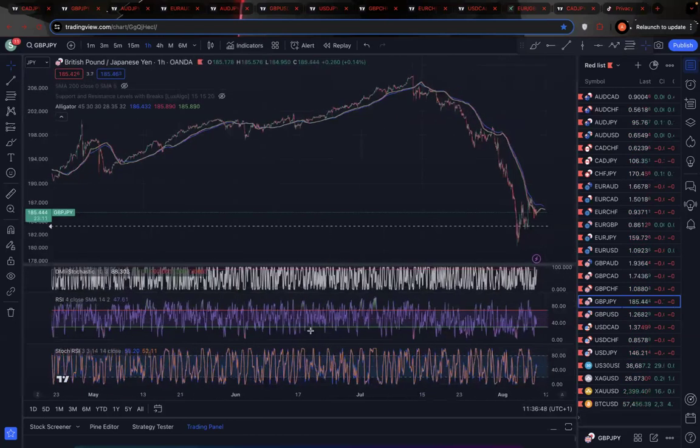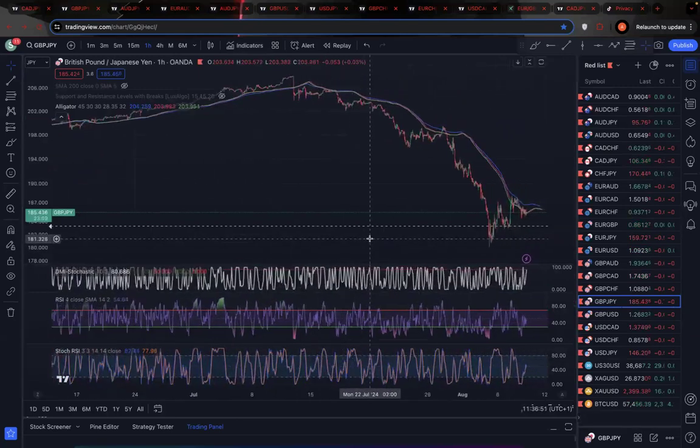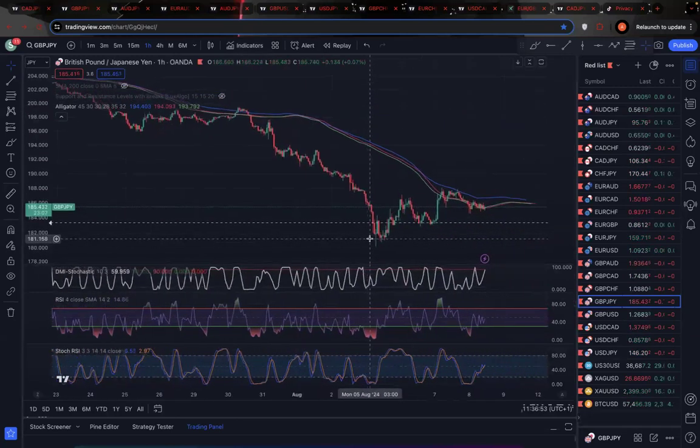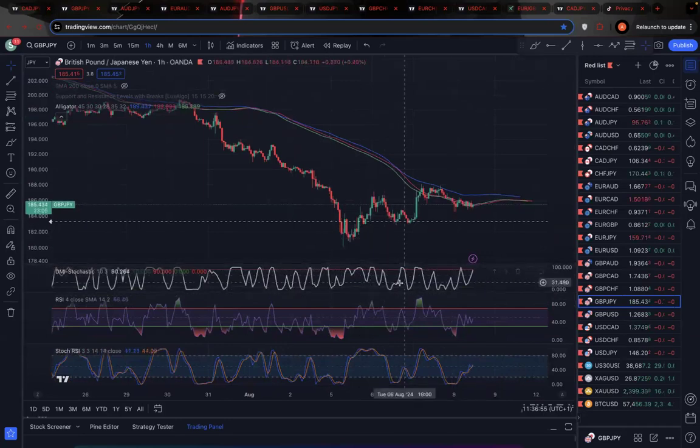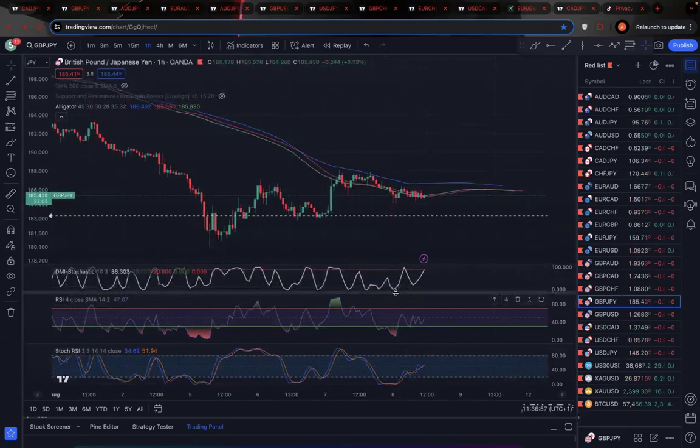You understand? Some of them you have to pay for initially, but some of them are even free. So when you see stochastic and they tell you that if it crosses down, you buy, or if it crosses up, you sell.